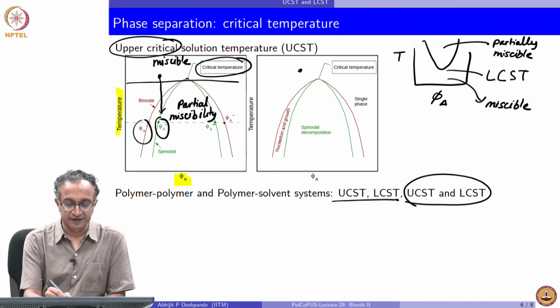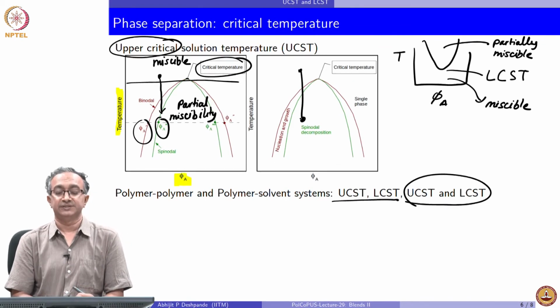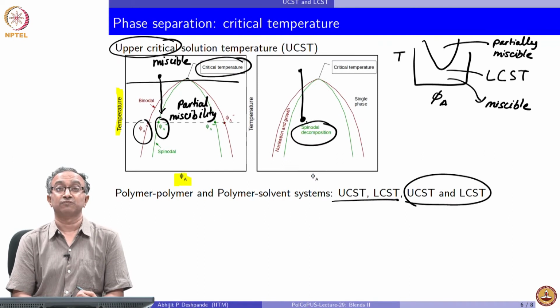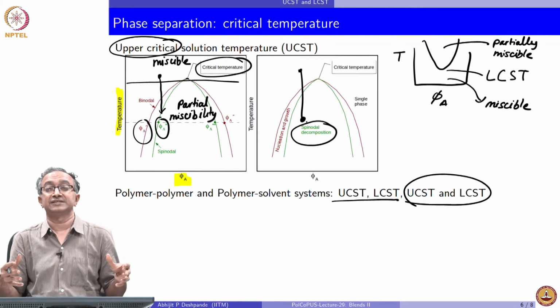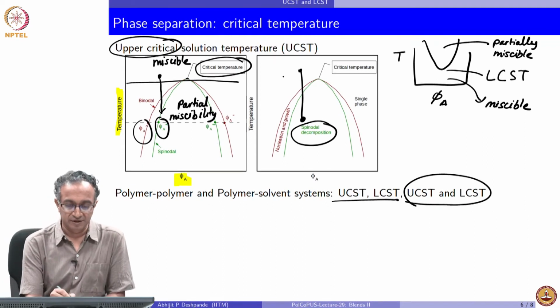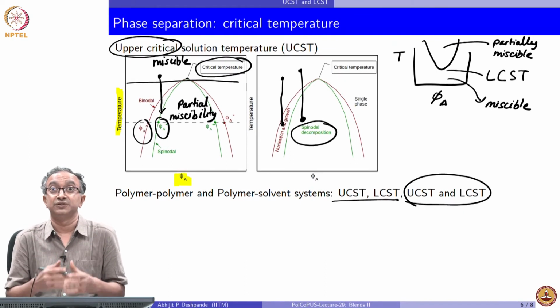So for example, if I take a polymer sample and cool it suddenly to this region, where there is unstable behavior, we will get what is called spinodal decomposition, where everywhere simultaneously phase separation will happen, and we generally will get a co-continuous phase. Or if I cool the sample to a region where there is metastability, then generally what we get is nucleation and growth.